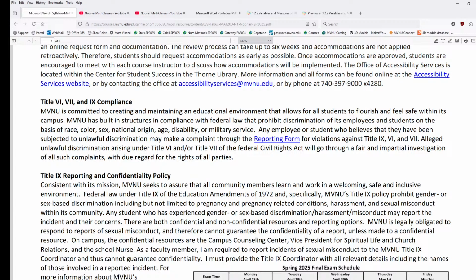So if we hear of either a sexual assault or, I don't know, hazing or anything, there's a whole litany of things, and when in question, I'm just going to report. And in some instances, it's required that I call 911 first, and then I talk to people on campus.